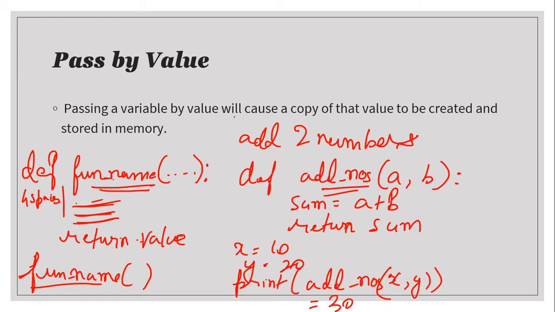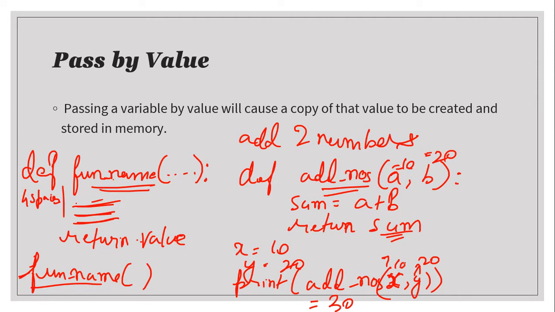So pass by value, what basically happens is that I'm not passing the x and y completely. It is making a copy of x and y, whatever value is stored in x and y, 10 and 20. Now when I pass it, a will have 10 and b will have 20, and then it will do an addition and return the sum.